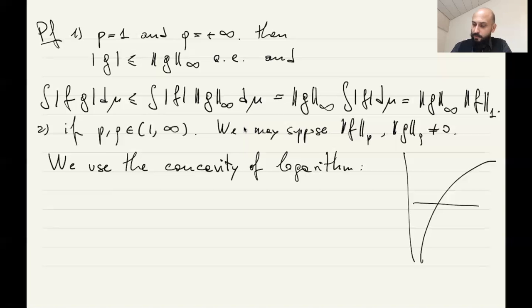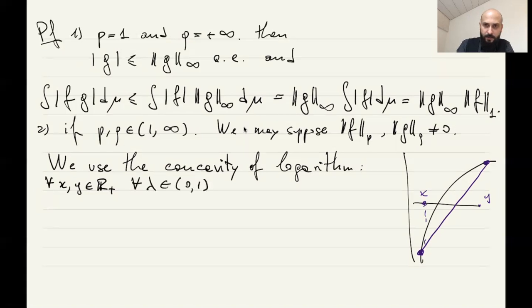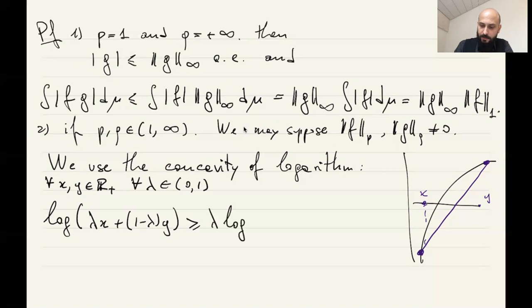If you take two points, x and y, and take the values, then the line between the values is below the graph of the function, which means that for all x and y positive real numbers, and for all lambda in (0, 1), we have that the logarithm of lambda x plus (1 minus lambda) y is greater or equal, this is the point on the graph, above the line, lambda log x plus (1 minus lambda) log y.